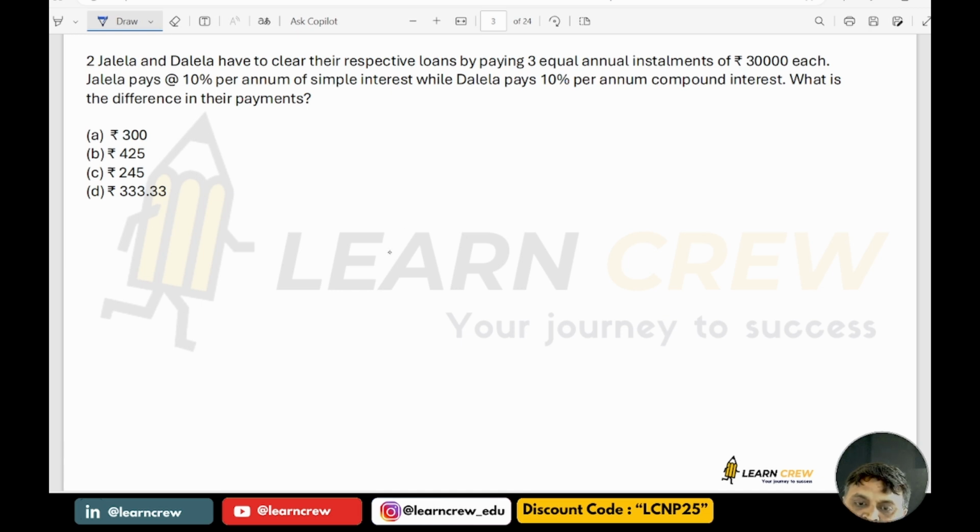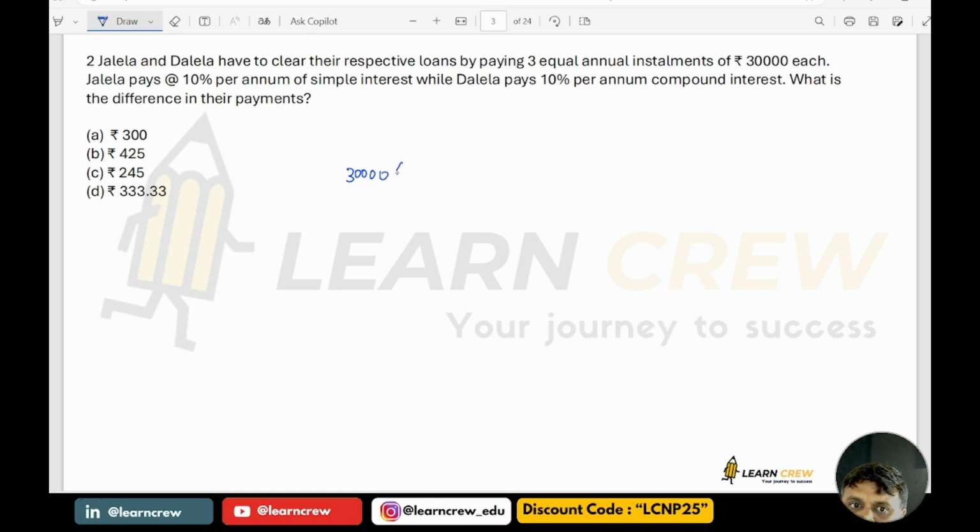So see here, 30,000 for the first installment. Next, if it is compound interest on this 10% and third installment on 110% of 30,000, again 110%.